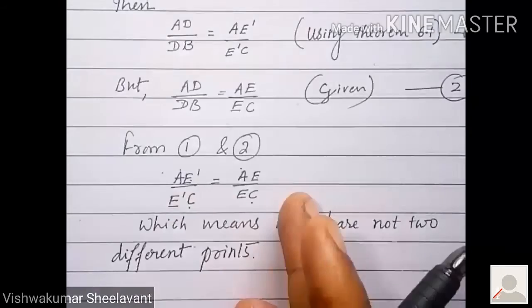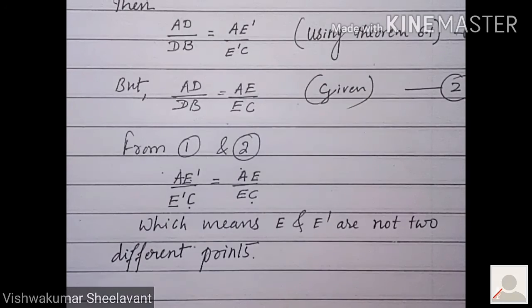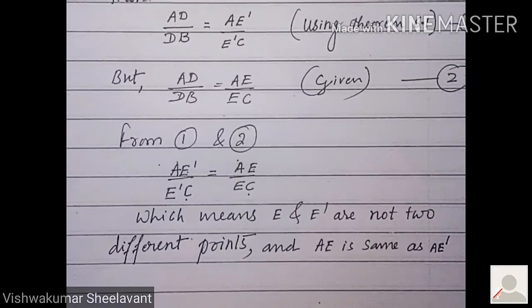If they are not two different points, what does it mean? AE is the same as AE dash.